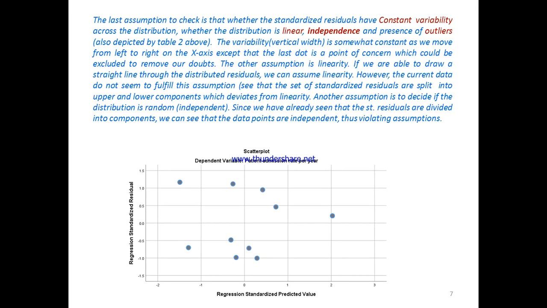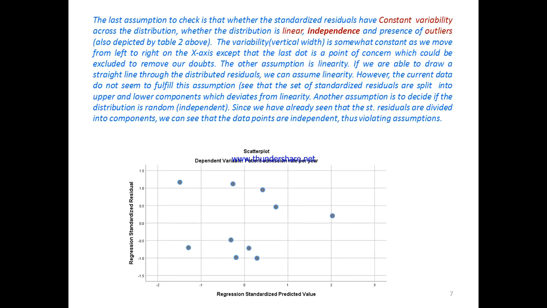Another piece of information we get from this is whether the variance is constant. Therefore, to check this, as we move from the left-hand side to the right side across the distribution, the width of the distribution along the y-axis must be similar.